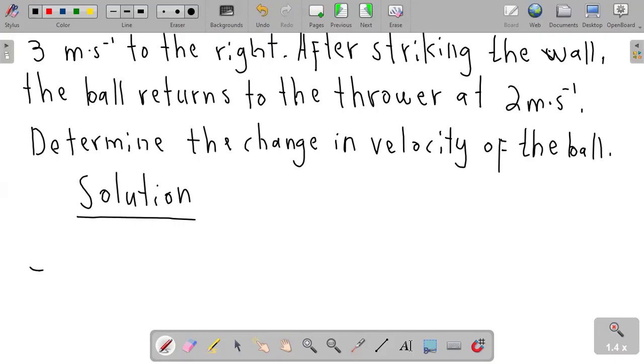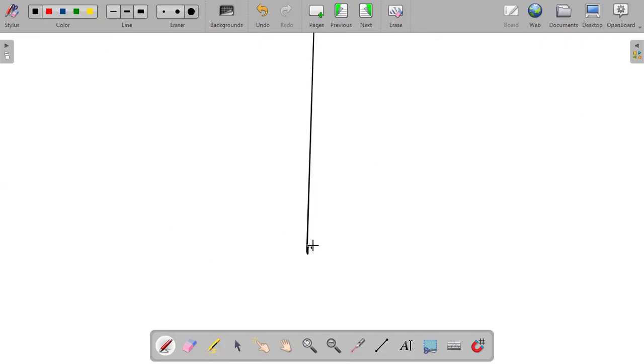So step 1, you must choose the positive direction, okay? So we're going to say to the right is positive. So it's positive 3 meters per second.